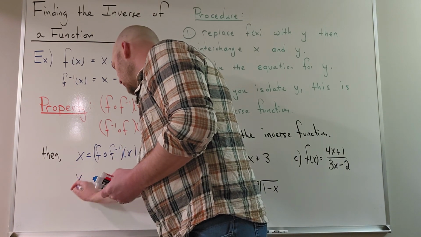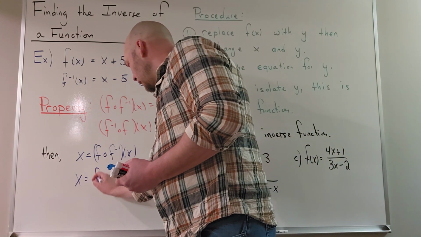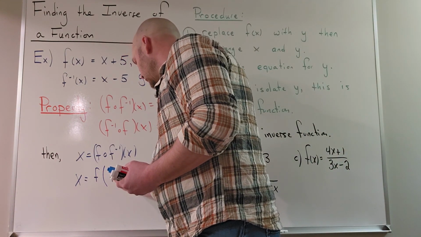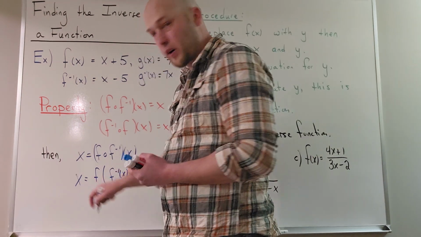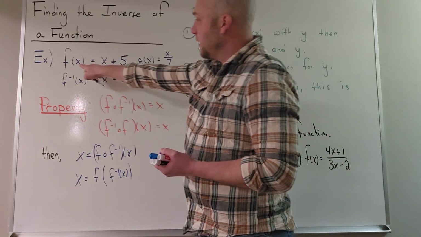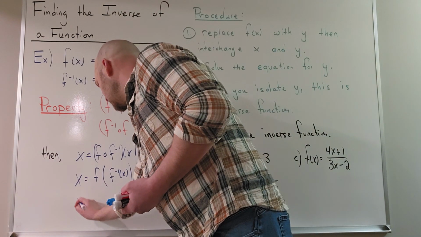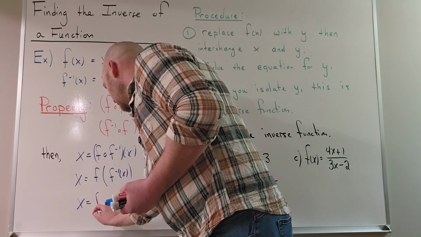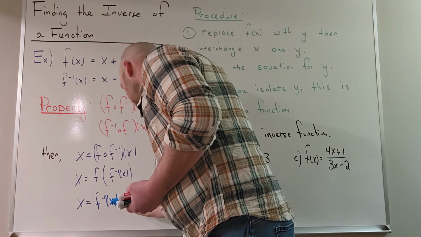And f composed with f inverse means f evaluated at the function f inverse. So now I'm using f inverse as the input for the function f, and what the function f does with the input is add 5 to it. So I've got x is equal to f inverse plus 5.